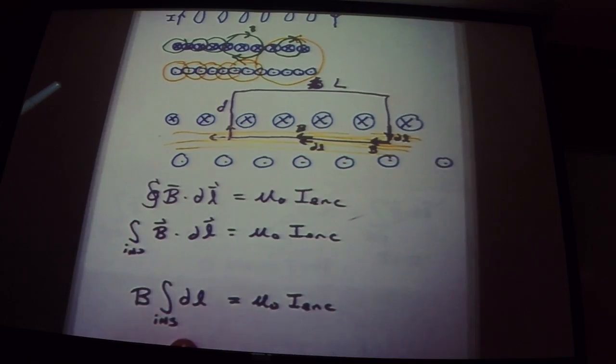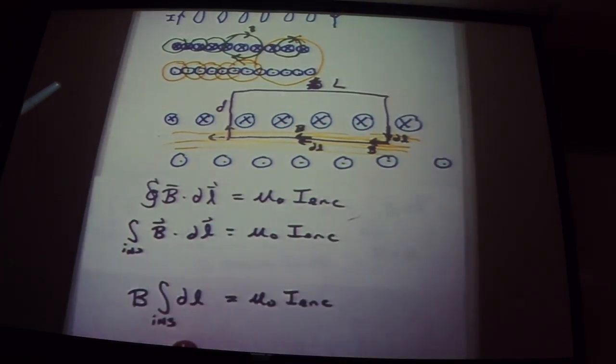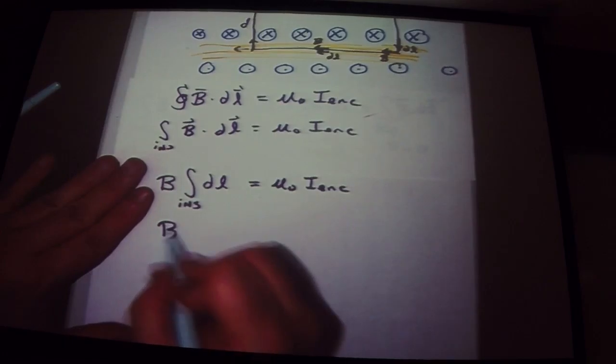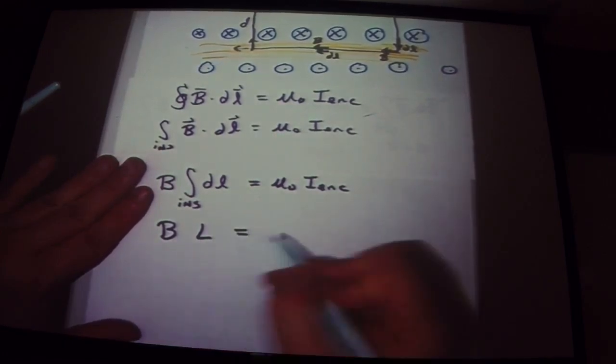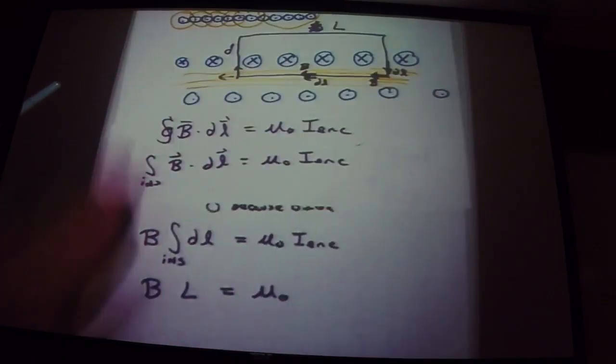This is the length of that path. What is the length of that path? L is the length of that path. So we got B L equals mu naught I enclosed.